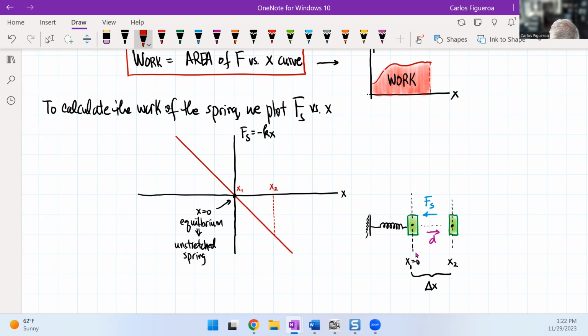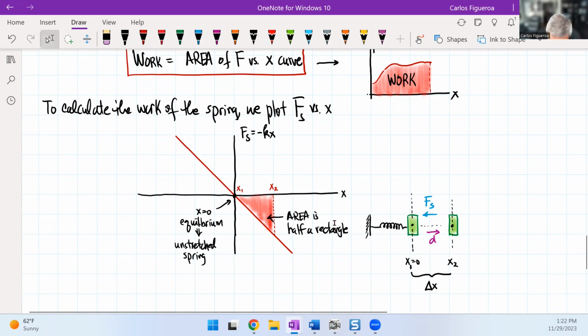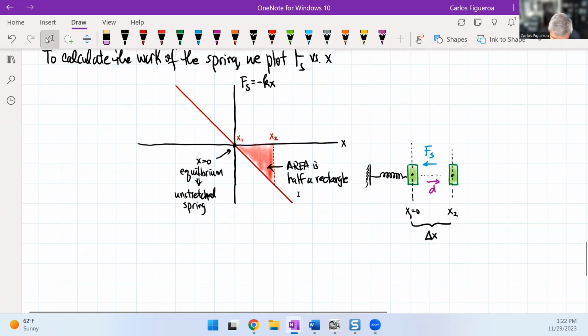Then you can see here that the area of this curve is half of a rectangle. So this area is half a rectangle, and I can calculate that. I have that rectangle, and it looks something like this here.